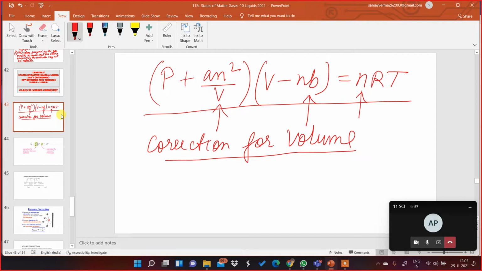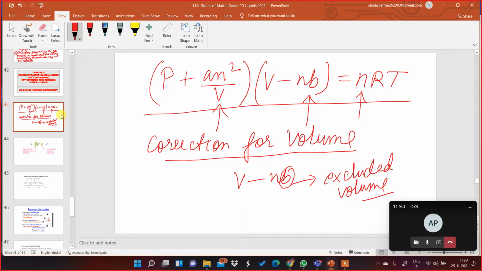The volume occupied by the molecules also becomes significant because instead of moving in a volume capital V, these are now restricted to volume V minus nb. So that's why the volume correction is V minus nb. And this b which you see over here is called the excluded volume.